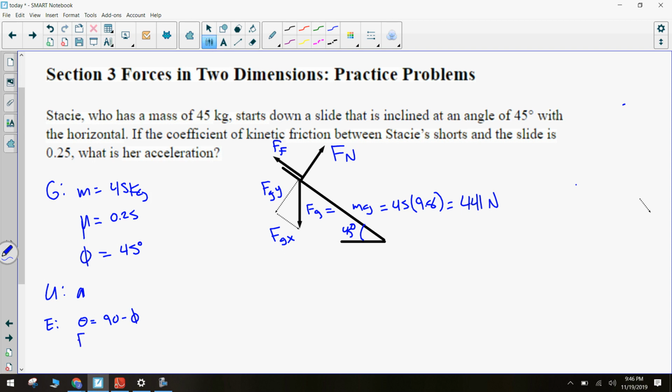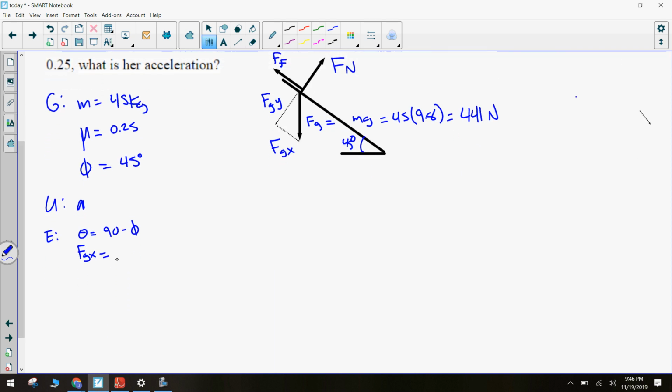We're going to use that FGX is equal to FG cos theta. We're going to use that FGY is equal to FG sine theta. We're going to use our reminder.